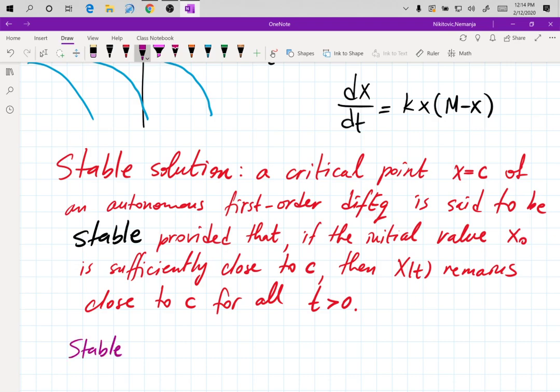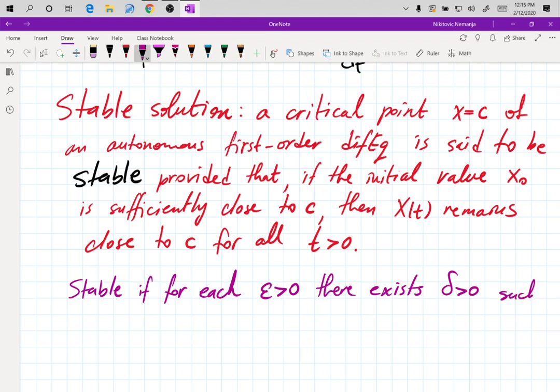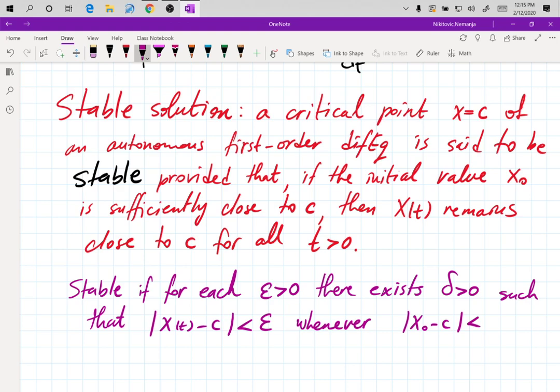So stable if for each epsilon larger than 0, there exists delta larger than 0 such that |x0 minus c| is less than delta implies, actually I'm going to write it the same way it's written in Calculus 1, |x(t) minus c| is less than epsilon whenever |x0 minus c| is less than delta.